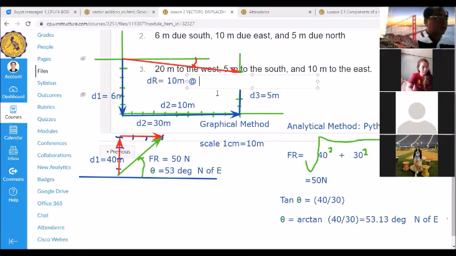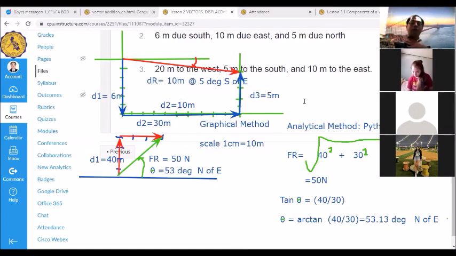Okay, guys, how much is our value? 5 degrees, sir. So more or less, that's around 5 degrees, and this time it's south of, going down, so that's south of your east already. So that's our graphical approach.